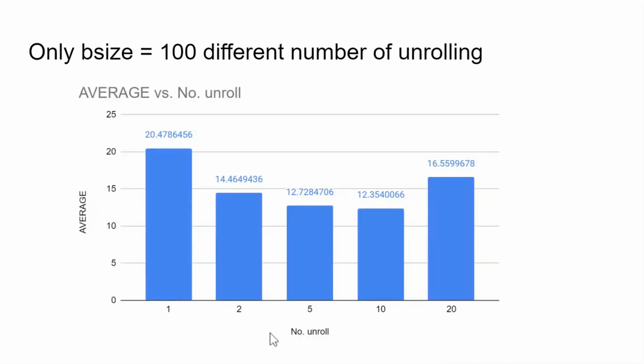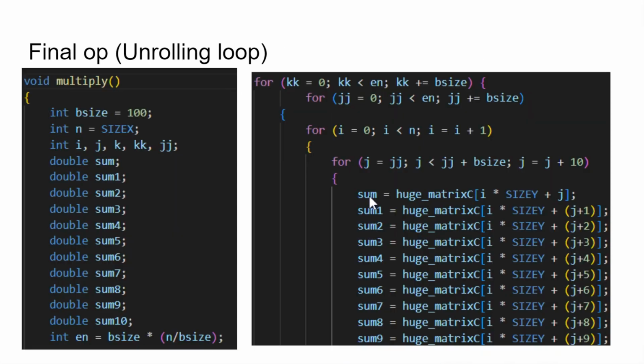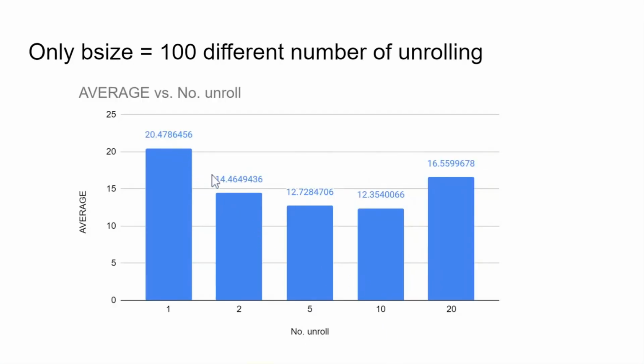But now if we unroll 2, that means sum and sum1 and ignore all these, and we got a 6-second improvement, which is a lot.